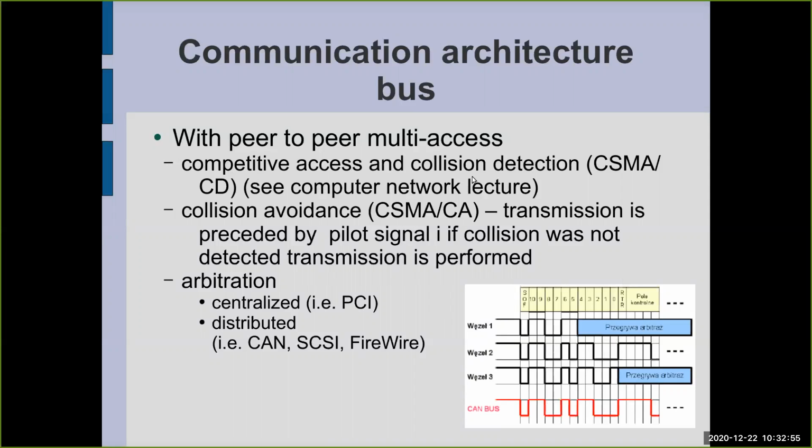In this case, the collisions are solved in different ways. If a collision is detected, every node stops transferring data, and after a random time they start to do it again. But in this case, only one node is able to send data.